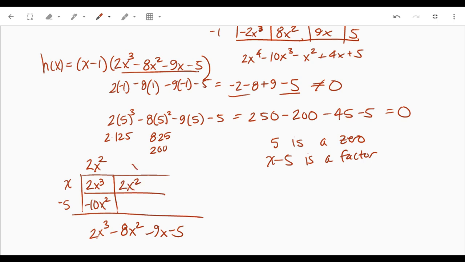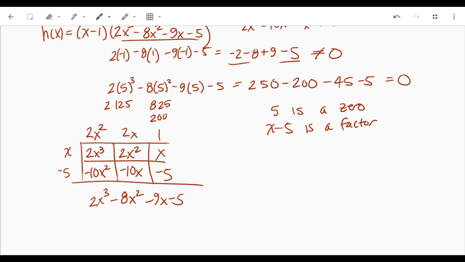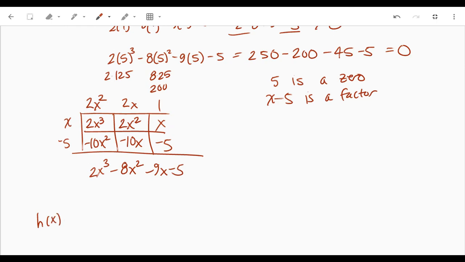So we'd have 2x. Negative 10x. We need an x. That's going to be 1 and minus 5. Okay, so now h of x is x minus 1, x minus 5, 2x squared plus 2x plus 1.